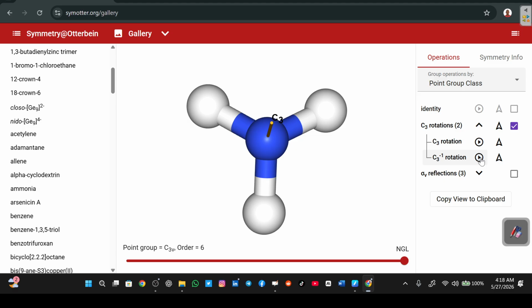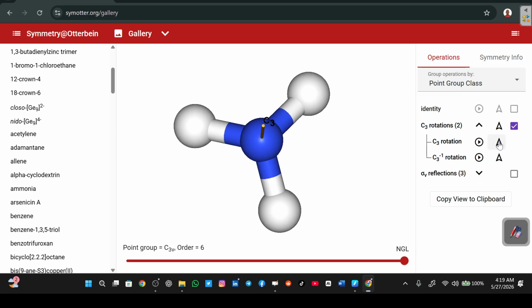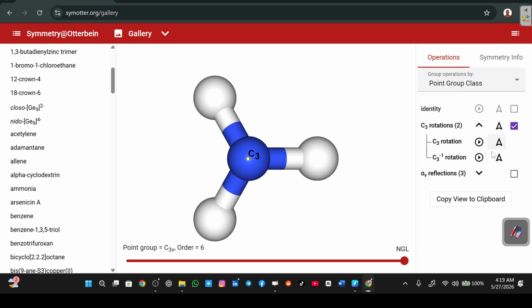So the C₃ inverse represents the C₃². It means you're rotating it by 240 in the clockwise direction, and also you can rotate it by 120 in the anti-clockwise direction. In a similar case, it will bring you to an indistinguishable form of the molecule. So that is the visualization of those, as you can see.